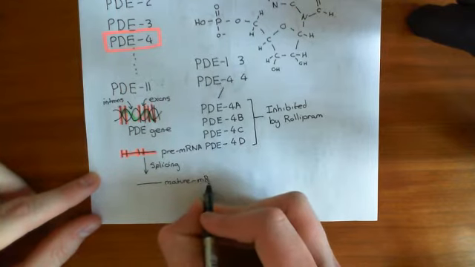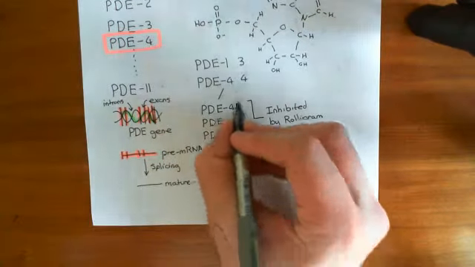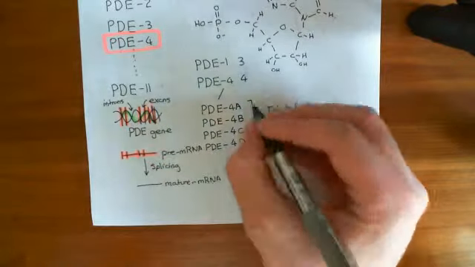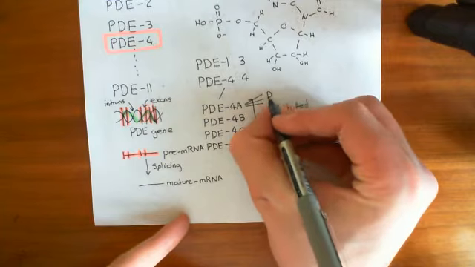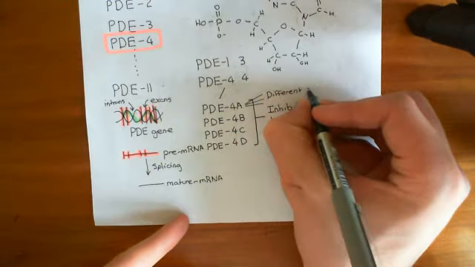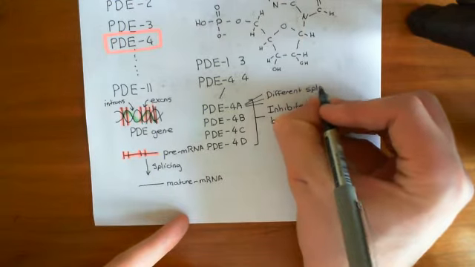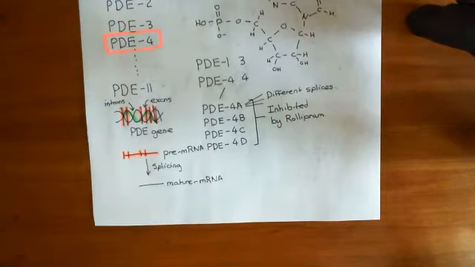So there are also different splice variants of each one of these genes. I'll show it like this. Different splice variants. Okay, so you have 11 families of phosphodiesterases. Each of these contains multiple genes that code for phosphodiesterase enzymes, and each of the genes has multiple splice variants. So there are a lot of different types of phosphodiesterases.